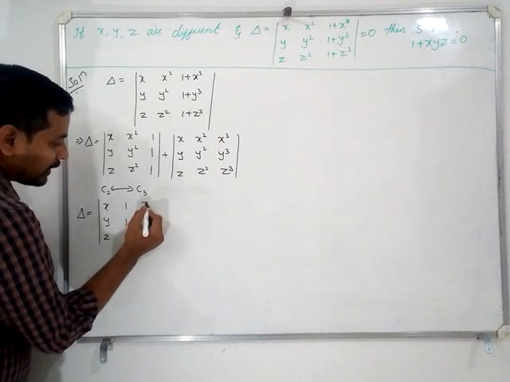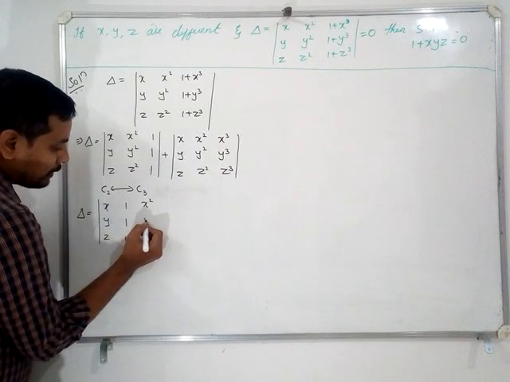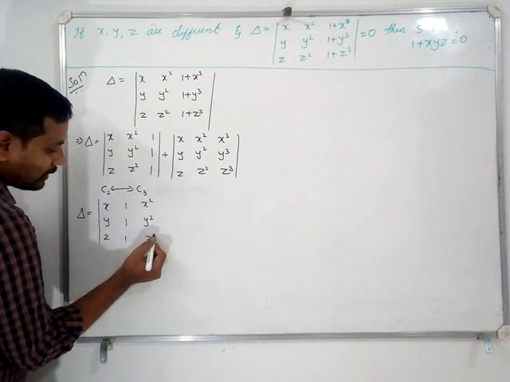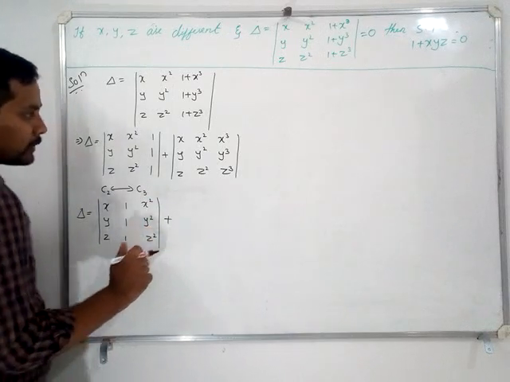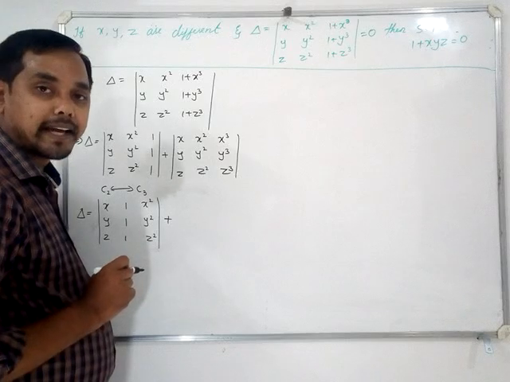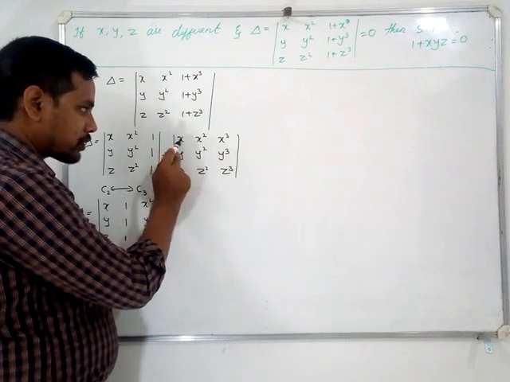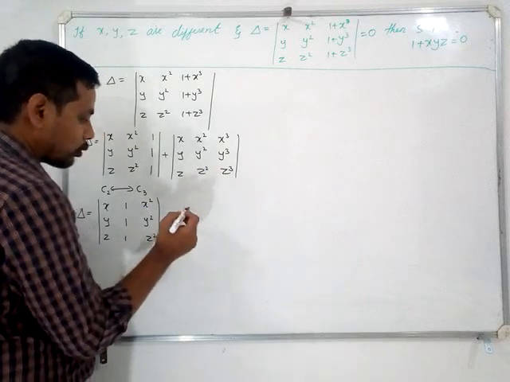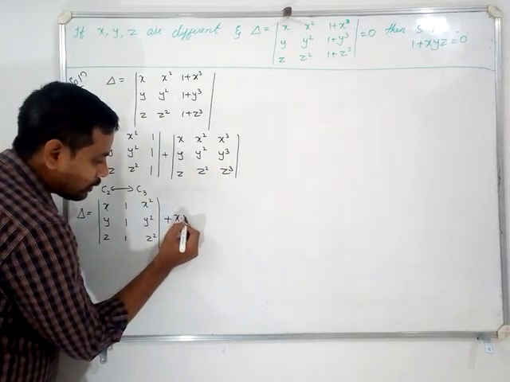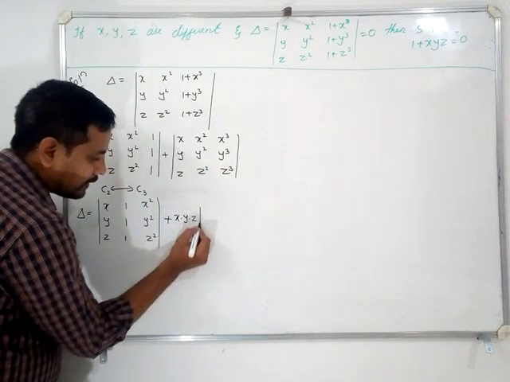Right? So here we will get x square, y square, z square, plus, here I will take x common from the first row, y from the second row, z from the third row, right? x into y into z.